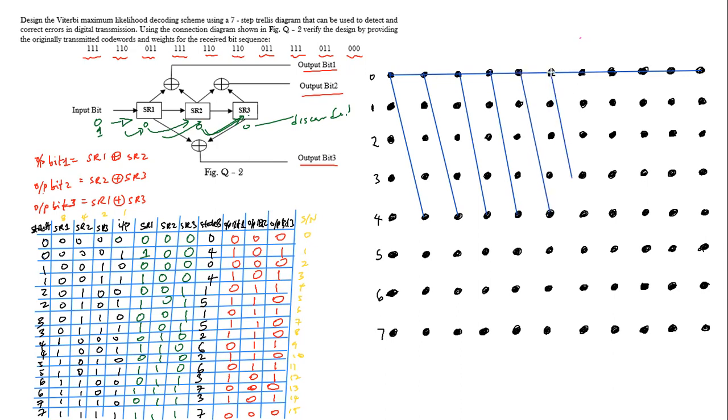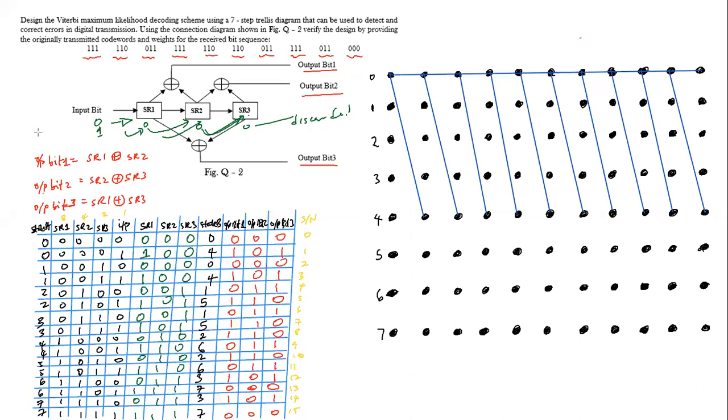So this is the trellis diagram, the 7-step trellis diagram. Here's the point, state 0 to state 0, and state 0 to state 4. And now, what are the code words? 000 and 101. So let us solve.